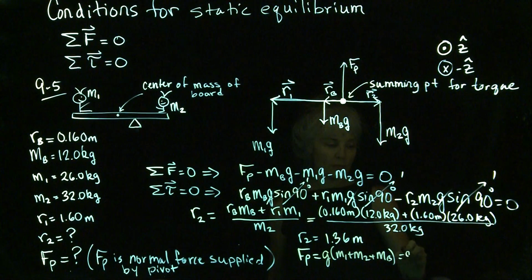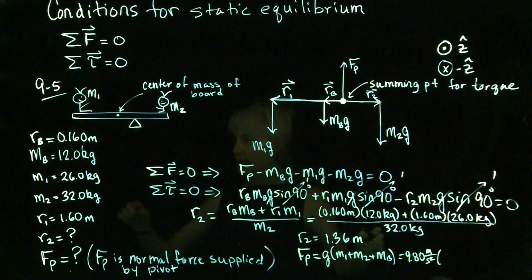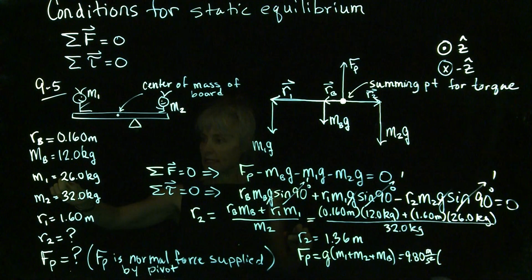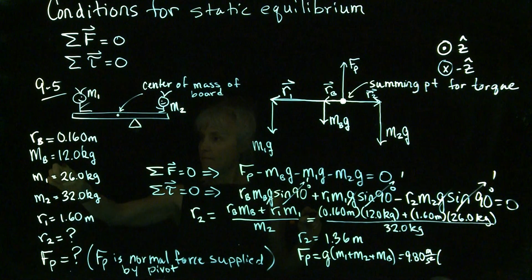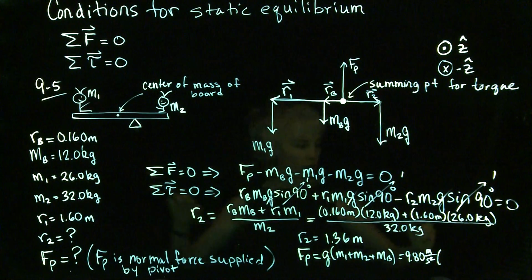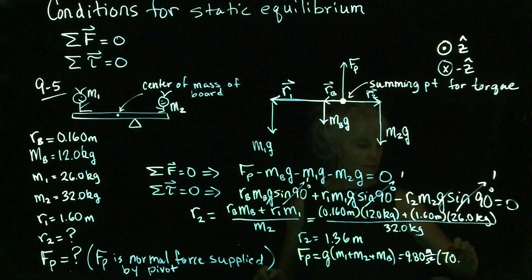So this is going to be 9.80 meters per second squared. And now when I add these masses up, I'm going to have 26 plus 32. That's going to give me 58. And when I add 58 to 12, I'm going to get 70. So this is going to be 70 kilograms.